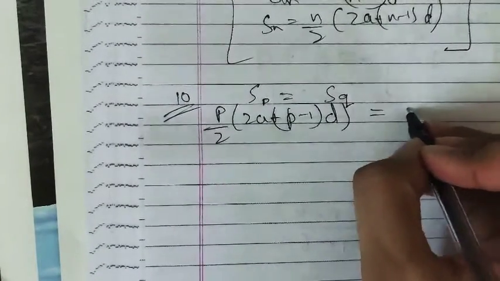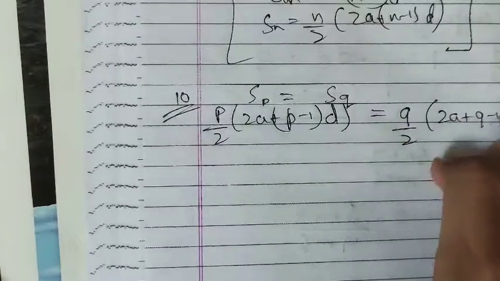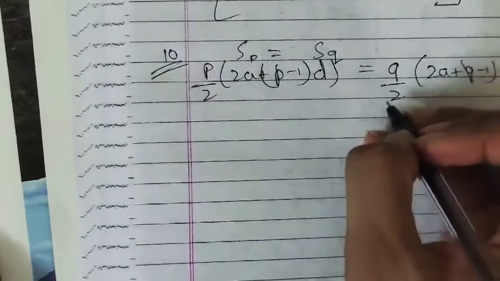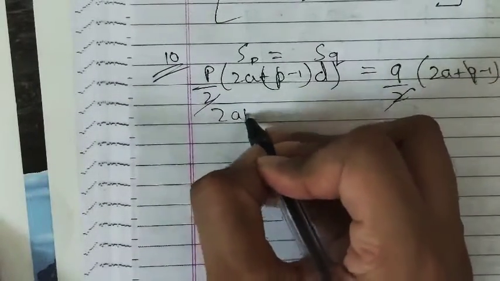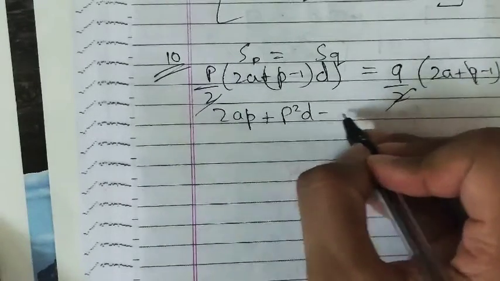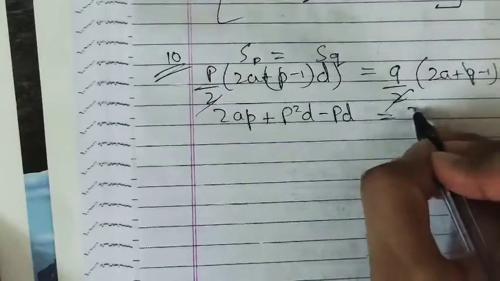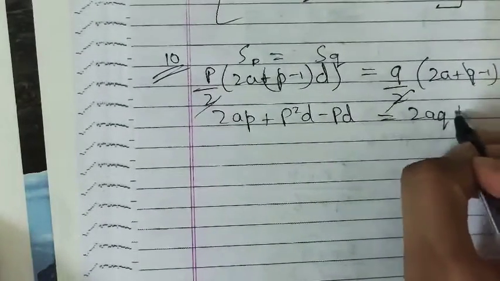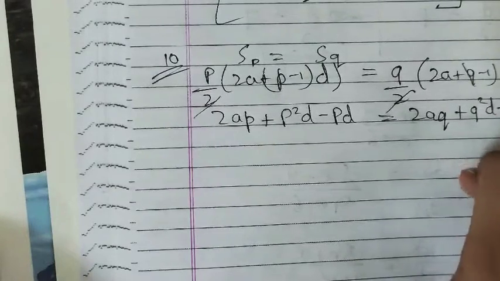Sum of first q terms is q upon 2, 2a plus q minus 1 d, right? So 2 to 2 get cancelled. 2ap plus p square d minus pd is equal to 2aq plus q square d minus qd, right?